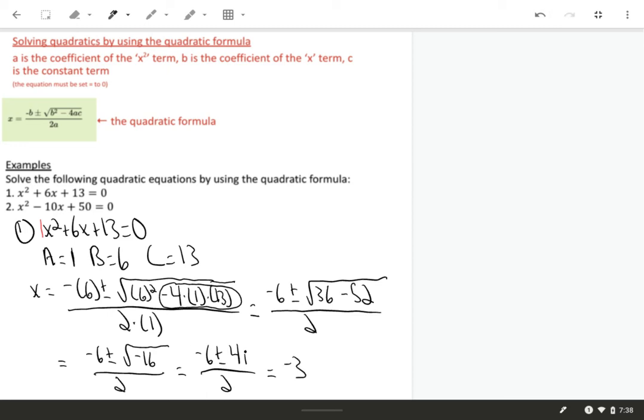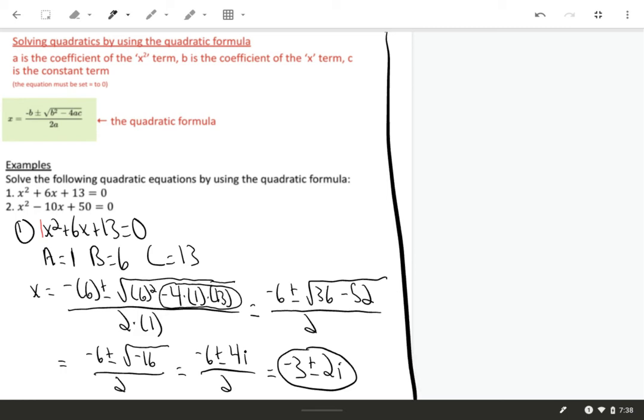And then plus and minus 4i divided by 2 is going to be 2i. So that right here is our solution, -3 plus and minus 2i. Are there still two solutions? Yes. What are those two solutions? -3 plus 2i and -3 minus 2i. Okay, so that's number one.